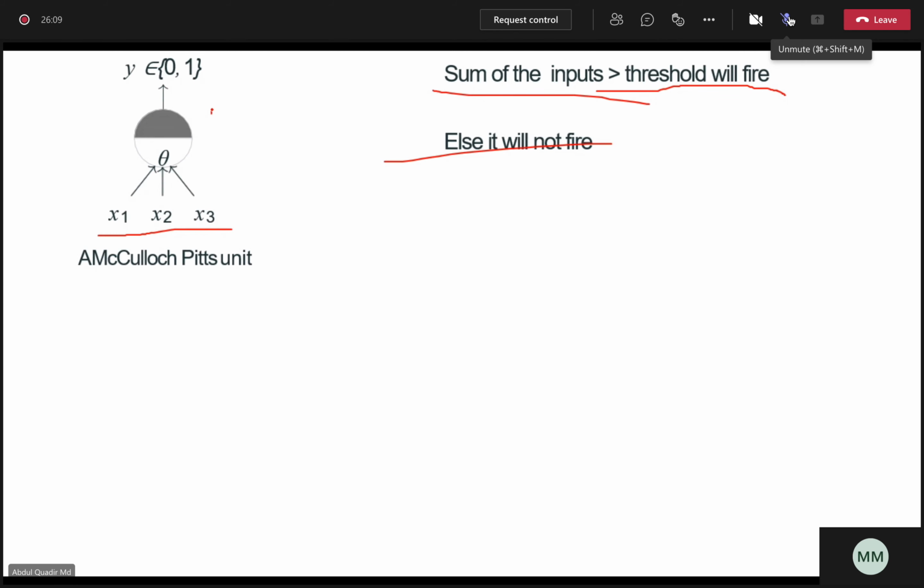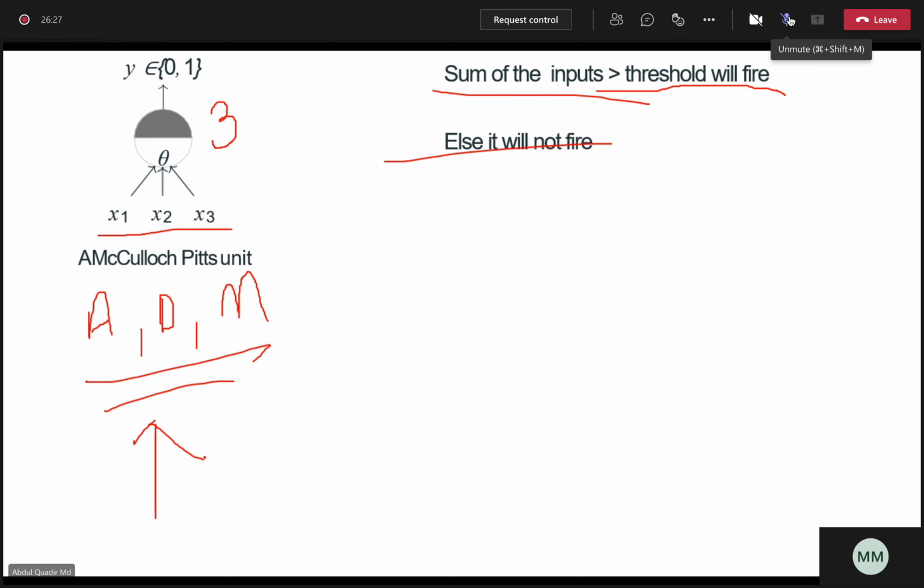Say for example, if I set my input as 3 and threshold as 3, my favorite actor should be there, my favorite director should be there, and my favorite musician should be there. Will it fire or not? If the latest movie is coming up, will I watch this movie or not?